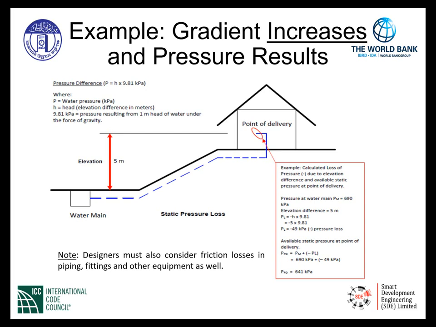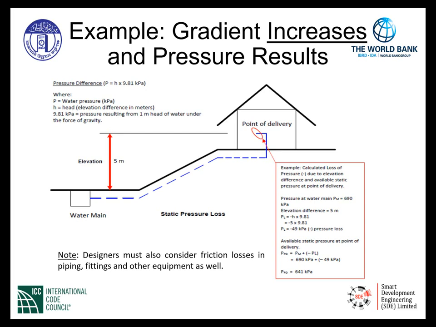So, the pressure at the water main, indicated as P sub M, is 690 kilopascals. The elevation difference is 5 meters. As you can see, the elevation difference is, of course, higher at the point of delivery than the water main itself. So the elevation difference is 5 meters.